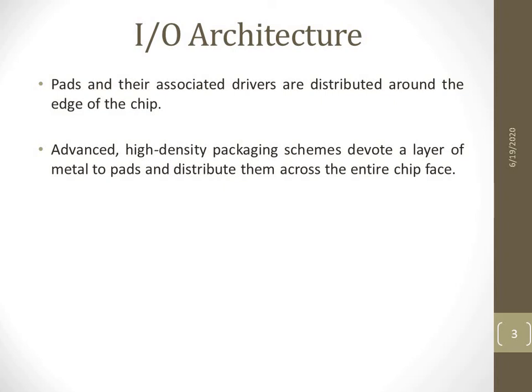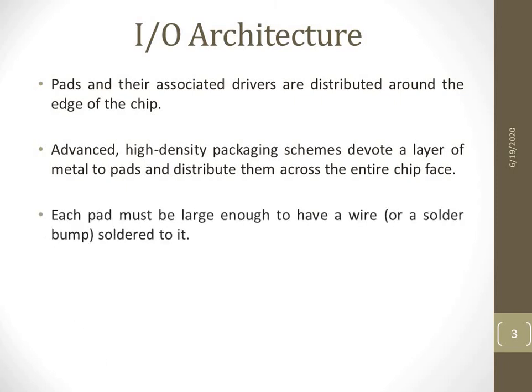Advanced high density packaging schemes devote a layer of metal to pads and distribute them across the entire chip face. By face I mean the surroundings, where you can see from outside, not internally.